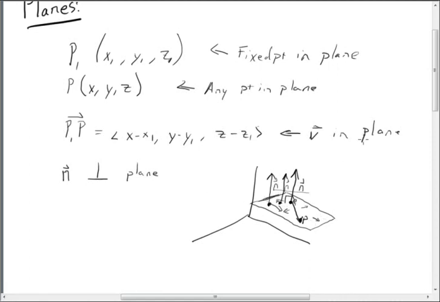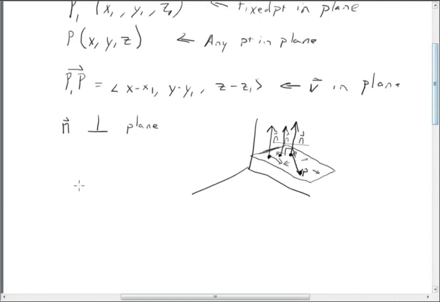So that leads us to generalize this to the equation of a plane, which is the normal dot product with P1P is equal to 0. That means the normal is perpendicular to P1P.